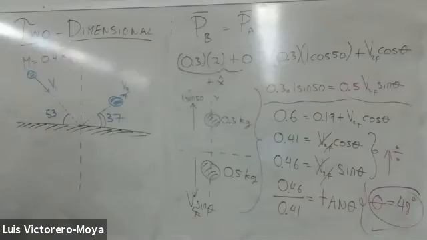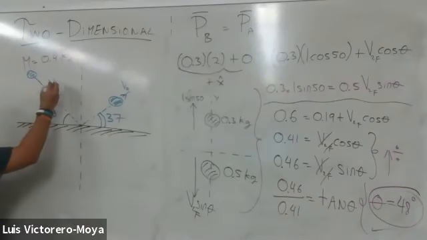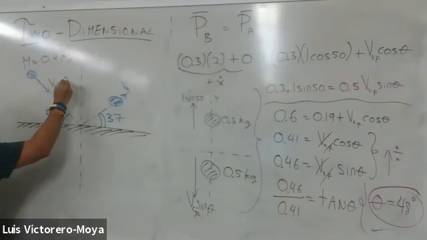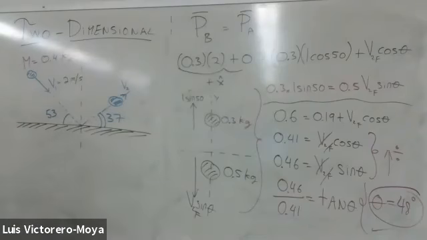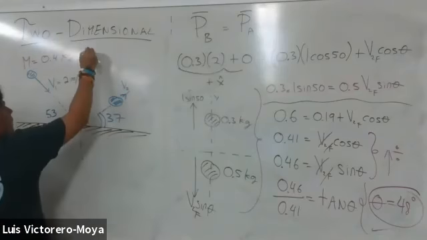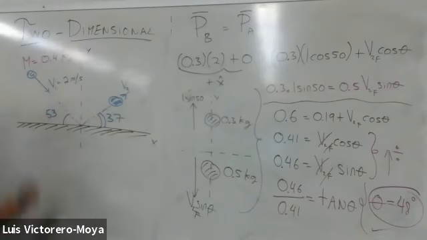And V1, should I give you V1? Yeah. 2 meters per second. So obviously, y-axis, x-axis, two dimensions, just one mass though.